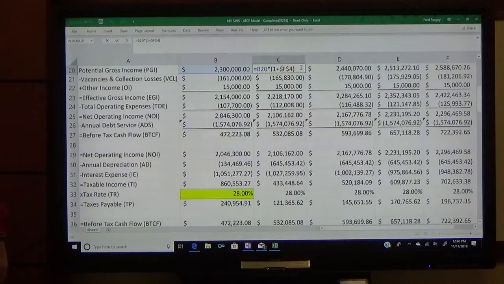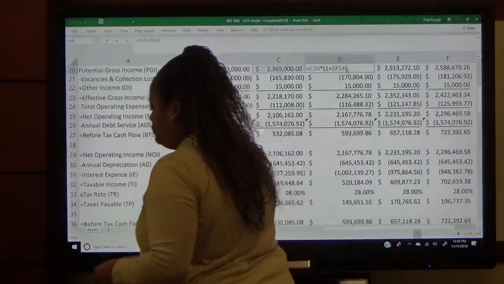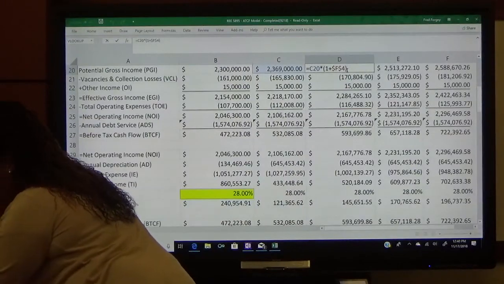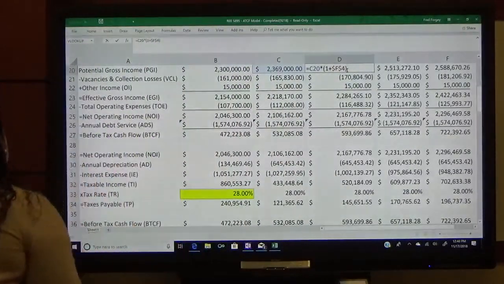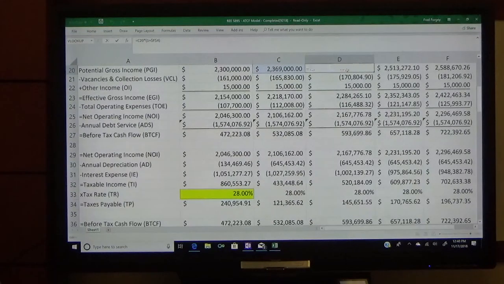Yes, 3%. Then you would do that for each successive year. So the next year is simply the previous year times 1 plus the growth rate, and so forth. Any questions on that?